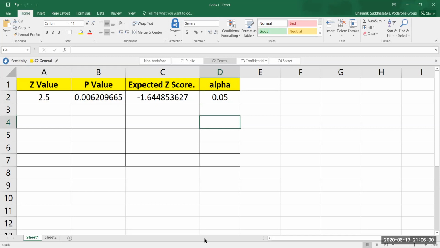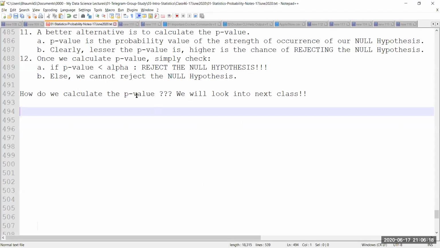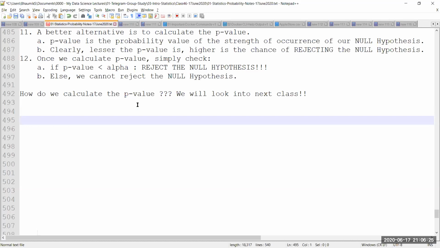Right. So, continuing with the p-value, let me take some more examples. But first, let's try to do some kind of notes. Let me go back to my notepad. And as I said, we have only approximately 7 minutes left, which is fine.